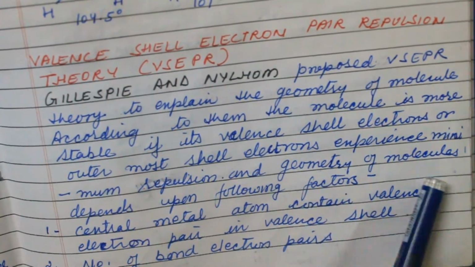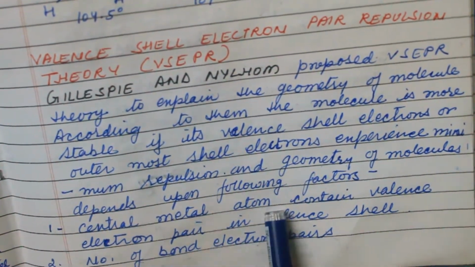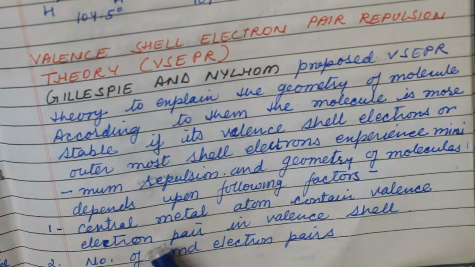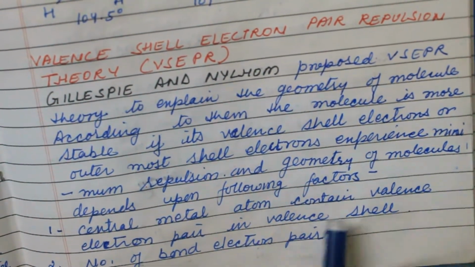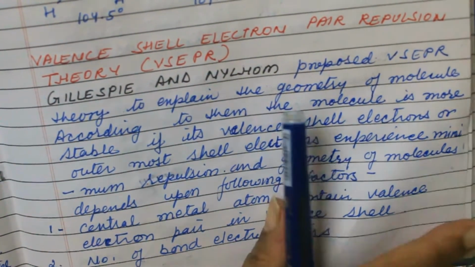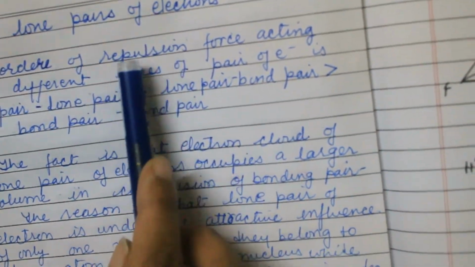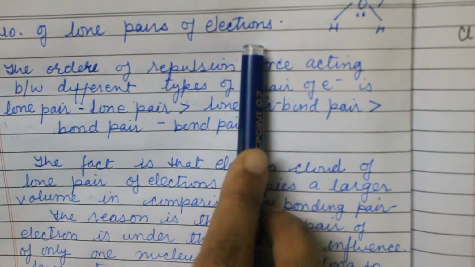And the geometry of the molecule depends upon the following factors. First is the number of valence electron pairs in the valence shell of the central metal atom, the number of bond electron pairs, and next is the number of lone pairs. So repulsion depends upon these things.